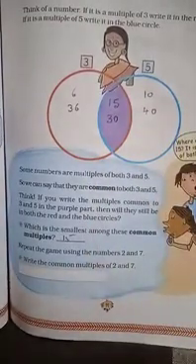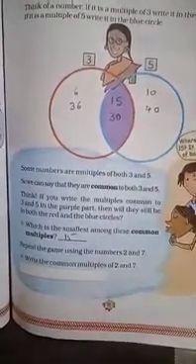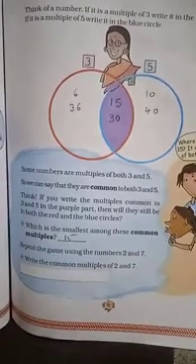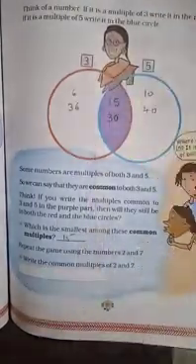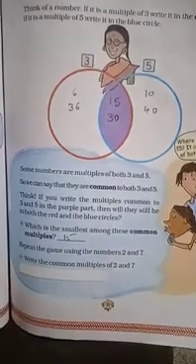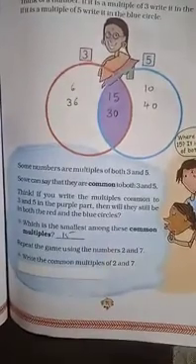This is called the common multiples of both 3 and 5. These are the common multiples of 3 and 5. In this, which is the smallest one? 15 is the smallest one.